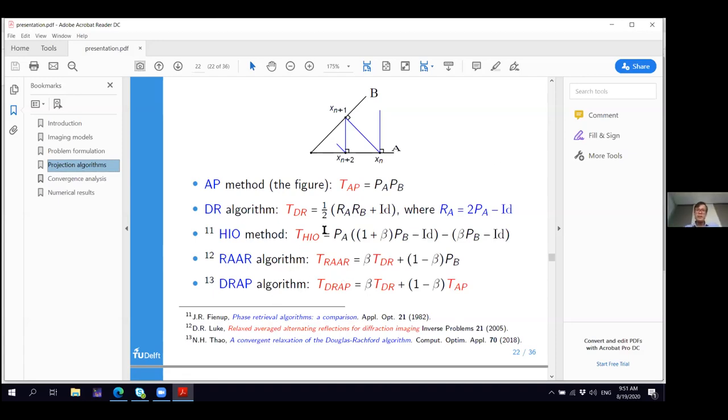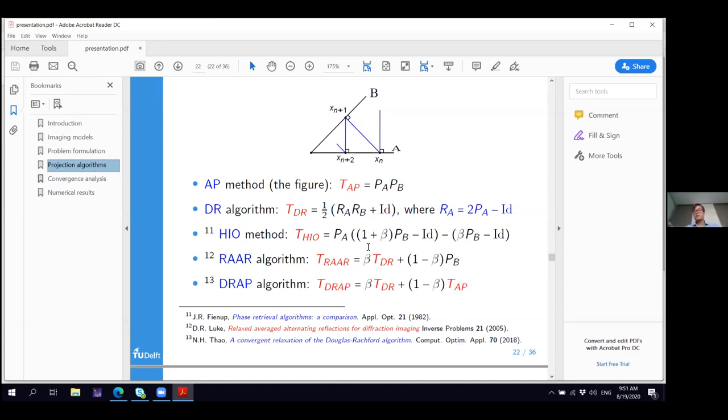Here, if we use the Douglas-Rachford algorithm with noise, the two set feasibility problem is inconsistent. That means the intersection is empty, and the Douglas-Rachford operator has no fixed point.